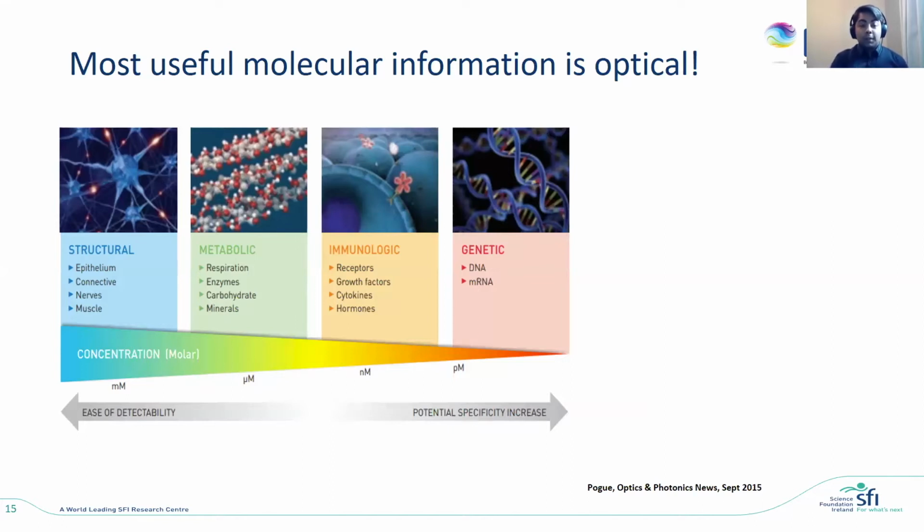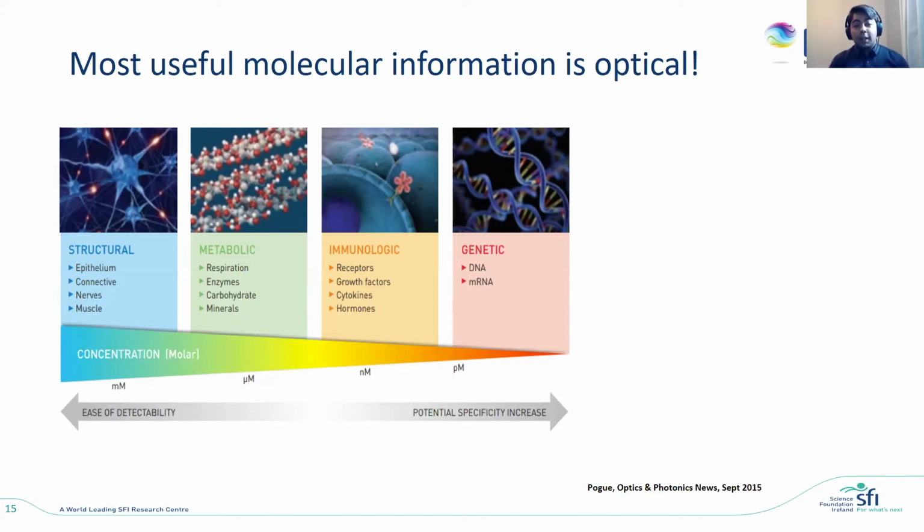For example, once you see structural changes, this means that a lot of molecules are being changed. Once you decrease the concentration of these molecules, it's more difficult to detect the disease, and more difficult to detect it early.